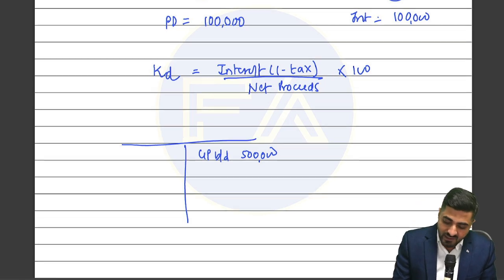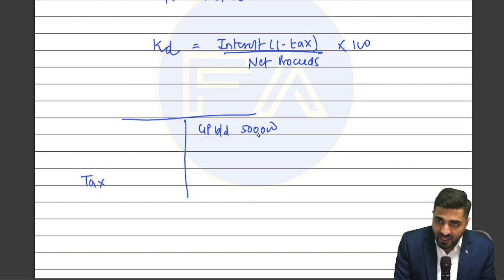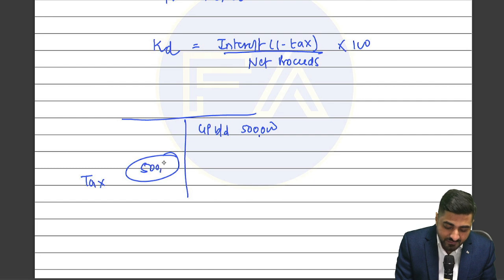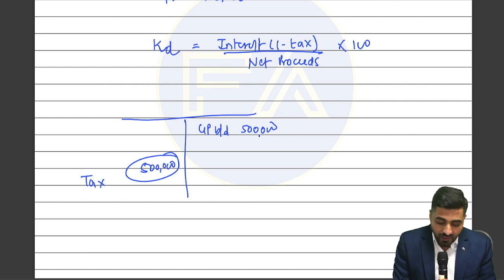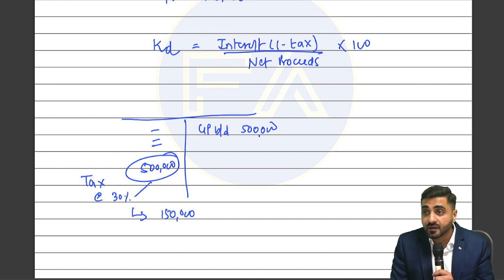Suppose your tax rate is 30%. On 5 lakhs, suppose there are no other expenses, I will pay tax at the rate of 30%. So how much tax am I going to pay? 5 lakh into 30%, 1,50,000 tax I have to pay.